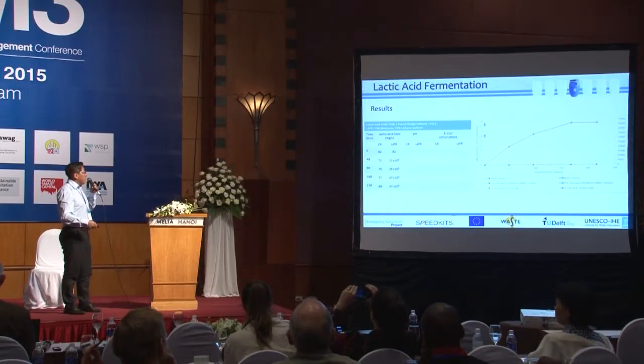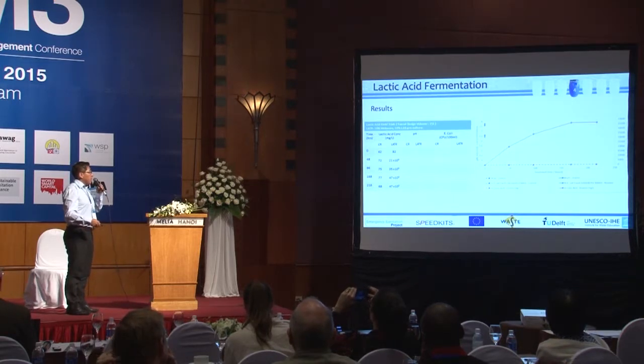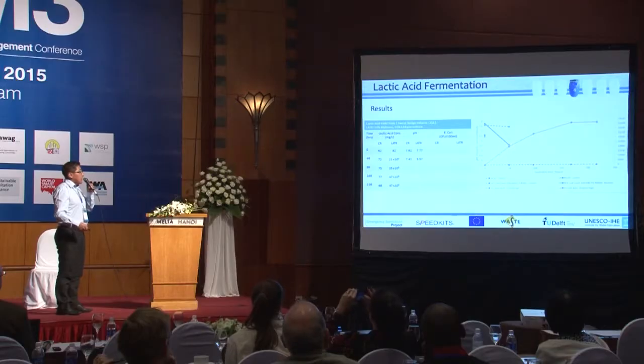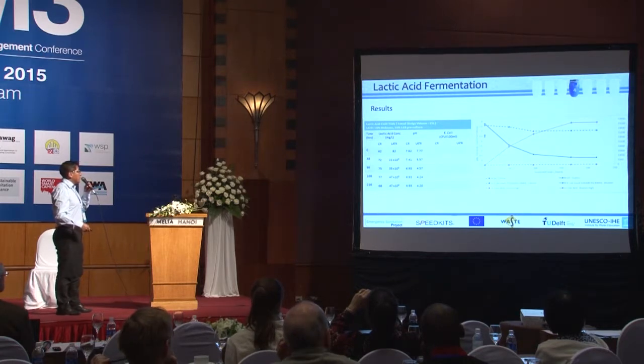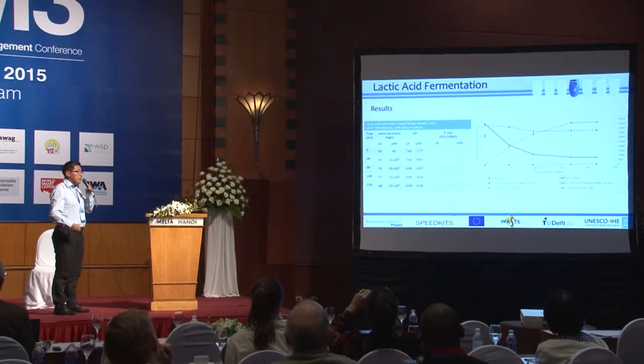As you can see, at day 9, it was 4,700 milligrams per liter of lactic acid. How it works with the pH? The pH started decreasing. It's the opposite. The lowest pH we reached, it was at day 9, almost 4.2.